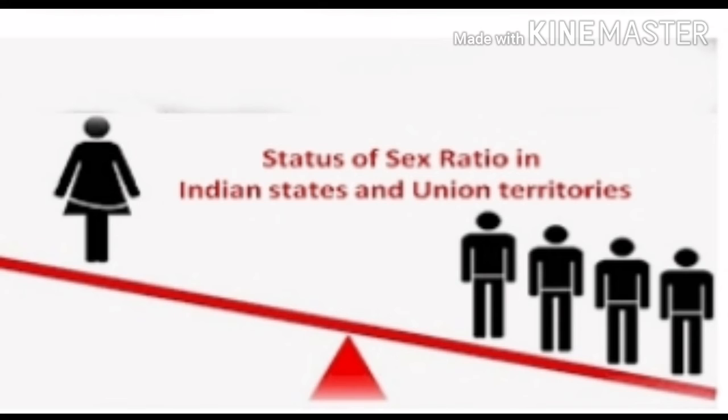In most Asian countries, including India, there are more males than females. Students, do you know the reason? Yes. This is largely due to the general neglect of females throughout the continent, leading to their early deaths. According to the 2011 census, there are 940 females per 1000 males in India.